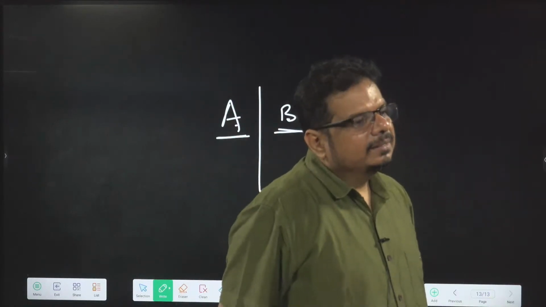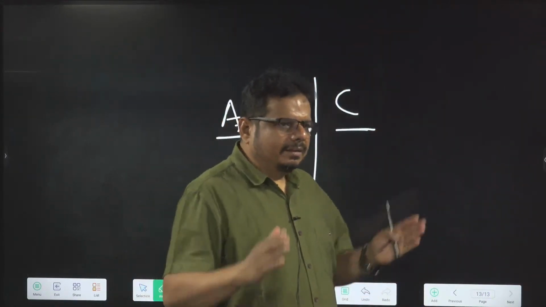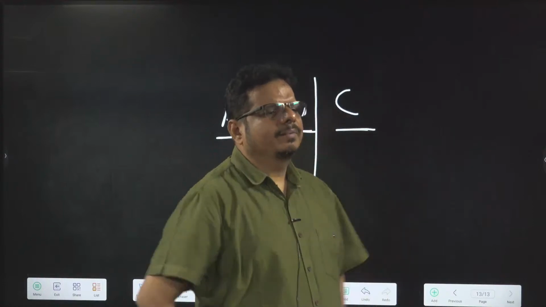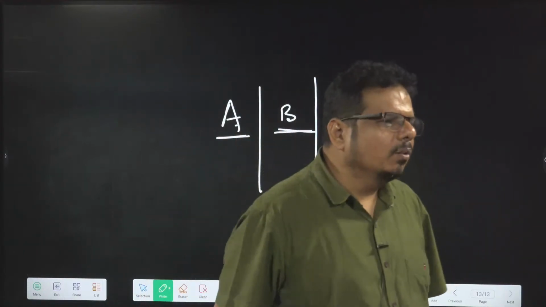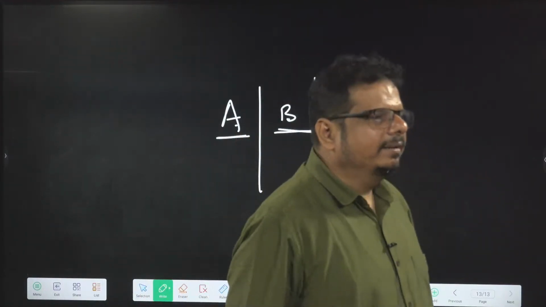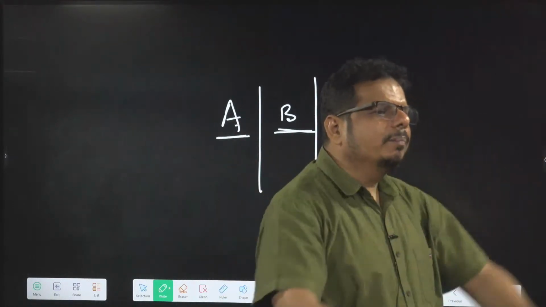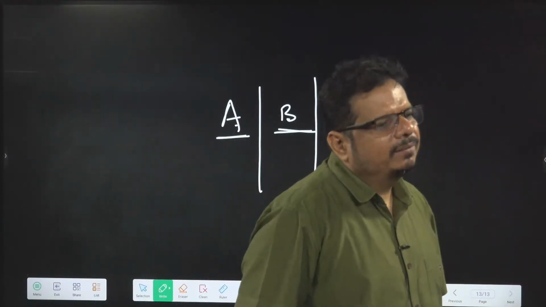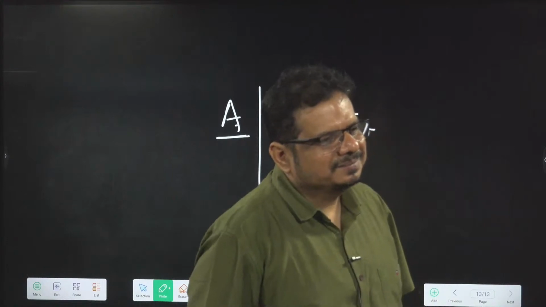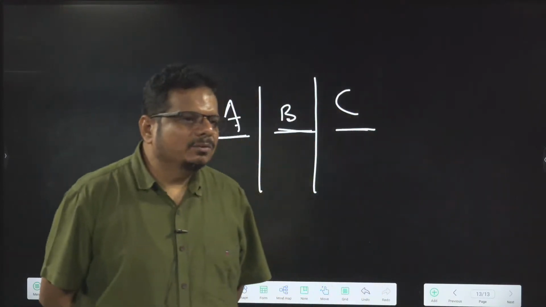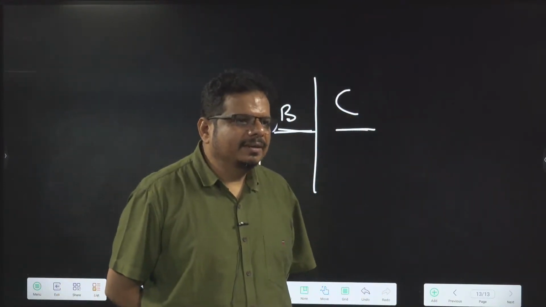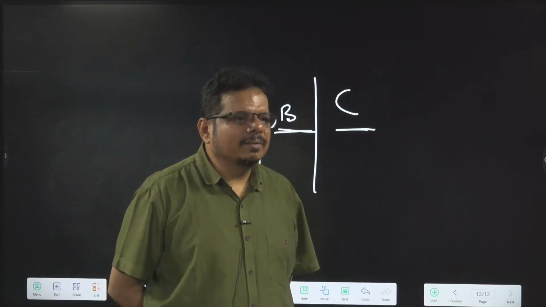Clear, na? So likewise, different arrangement of alphabet makes a different novel. In the same way, different arrangement of amino acids in a protein forms a different protein. Think of novel as equal to protein and amino acid as equal to alphabet.